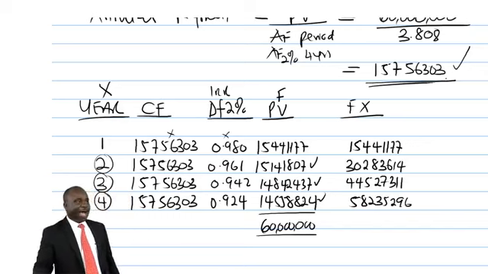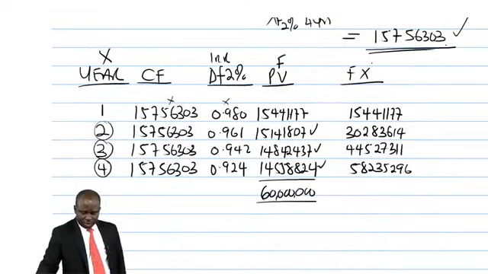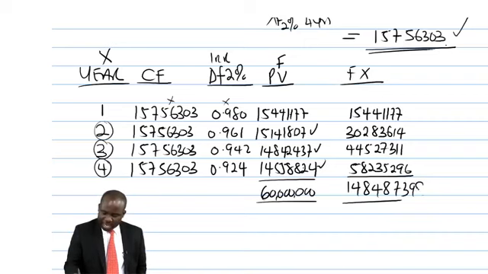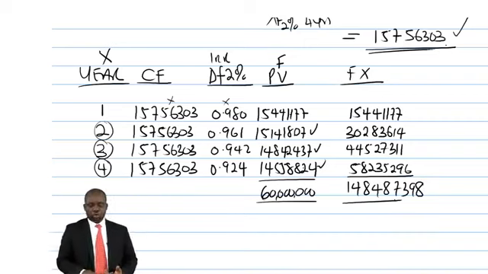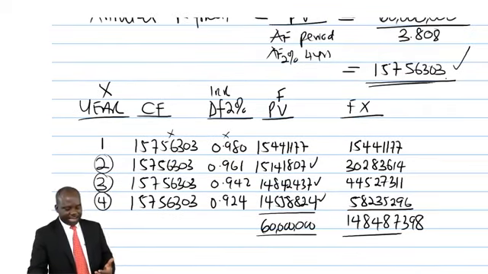So sum them up. We need the sigma fx. This is the formula I'm looking for. So sigma fx, when you sum up all this, it gives 148487398.